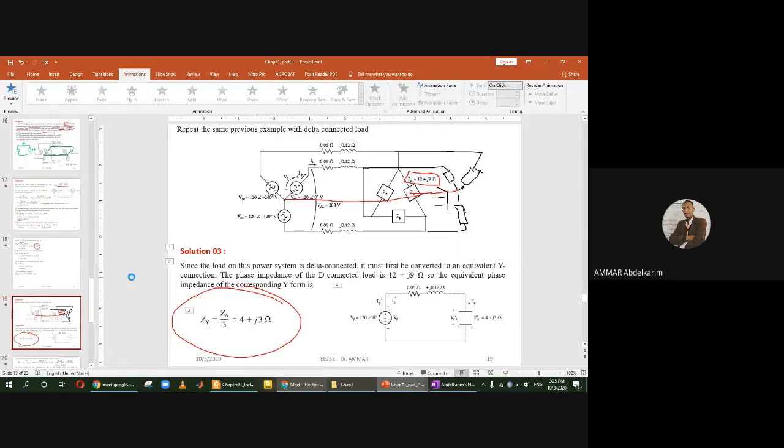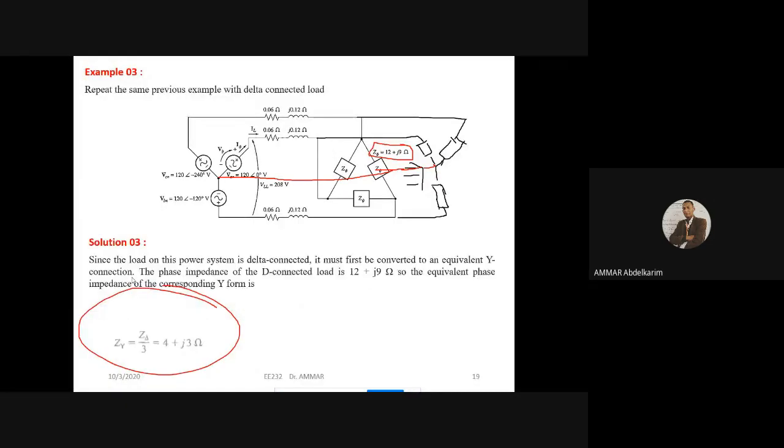Okay, Z_Y equals Z delta over 3, so the impedance in the delta connection equals 3 times Z_Y. So the impedance will be divided by 3.